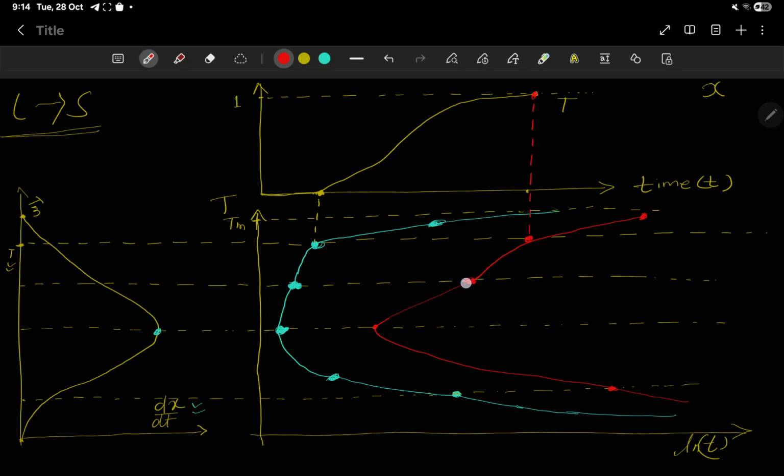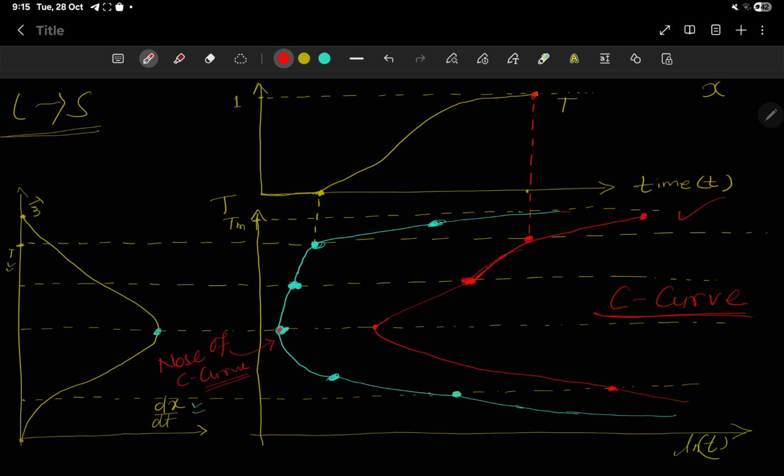I have not drawn it properly, but both these curves are called C curves, because they look like a C. These lines reach asymptotically to the melting point, and this point is called the nose of the C curve.